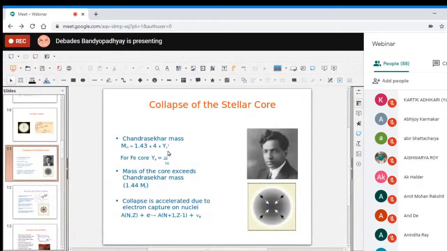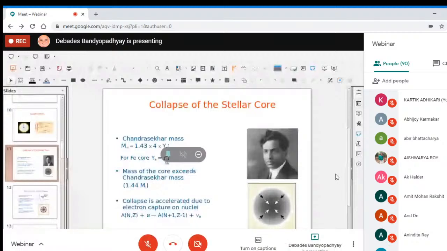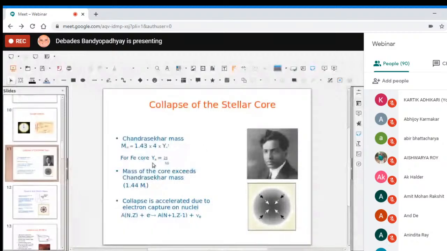And if we consider the atom, then there are an equal number of electrons for these 26 protons. Now, if we divide the proton number 26 by 56, we get this electron fraction. And if we plug it in, we get a value for this Chandrasekhar mass of 1.44 times solar mass, or the mass of our sun.